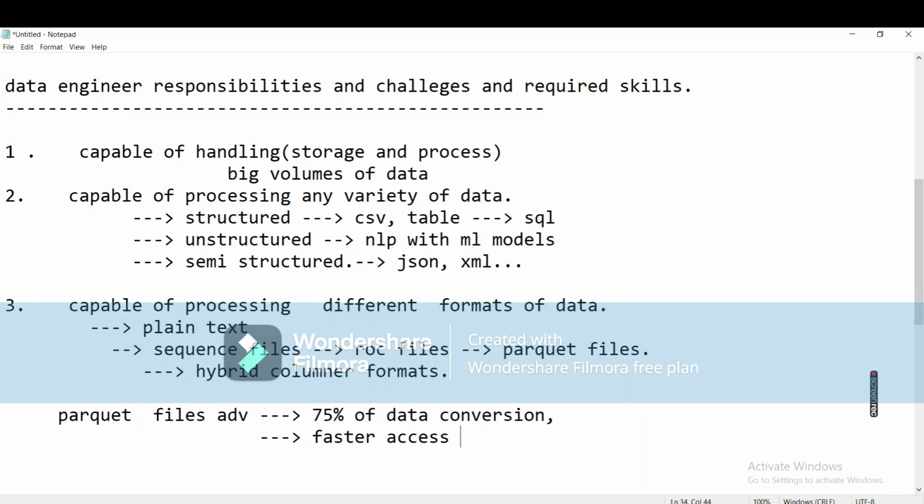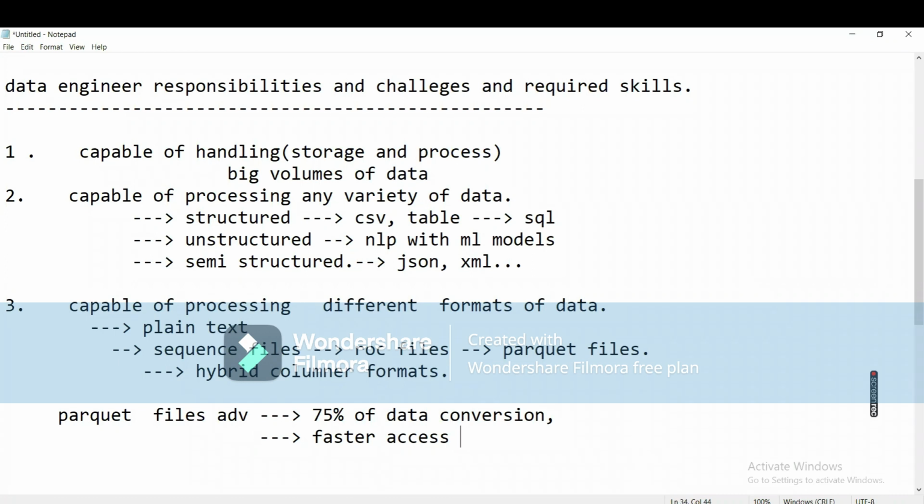But in the case of Parquet, access is super fast because the internal storage style is not row wise, it's column wise. How exactly columnar stores work, once we step into the NoSQL part, which is Cosmos DB, I will explain: how columnar storages work, how document storages work, what the internal architecture is and the benefits you can see.